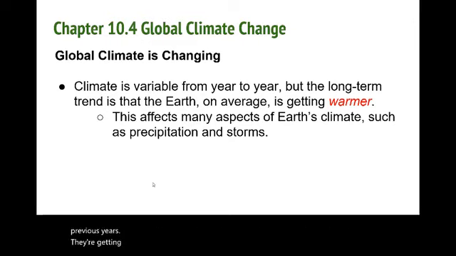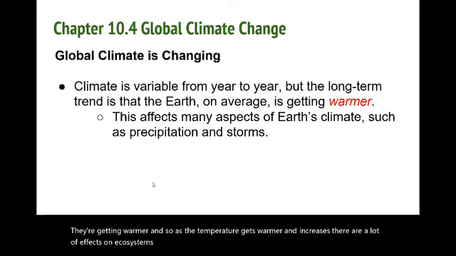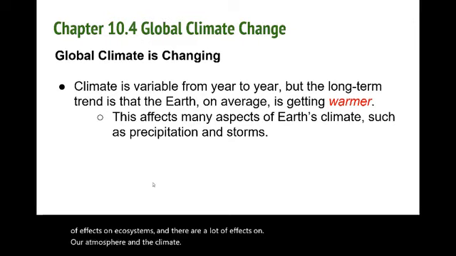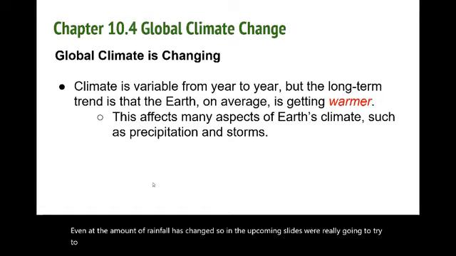As the temperature increases, there are a lot of effects on ecosystems, and on our atmosphere and the climate. Even the amount of rainfall has changed. So in the upcoming slides, we're going to go over what climate change is actually referring to, and why the temperature has gotten higher.